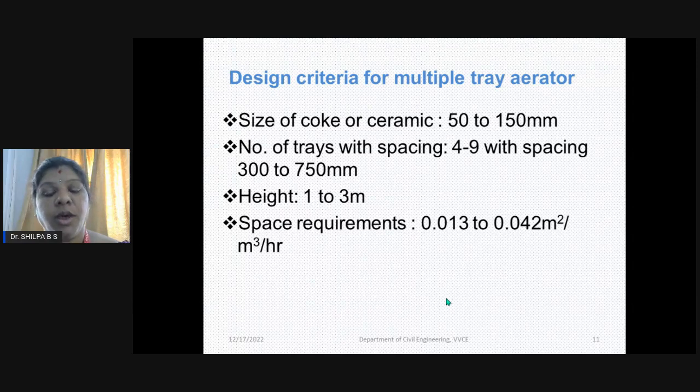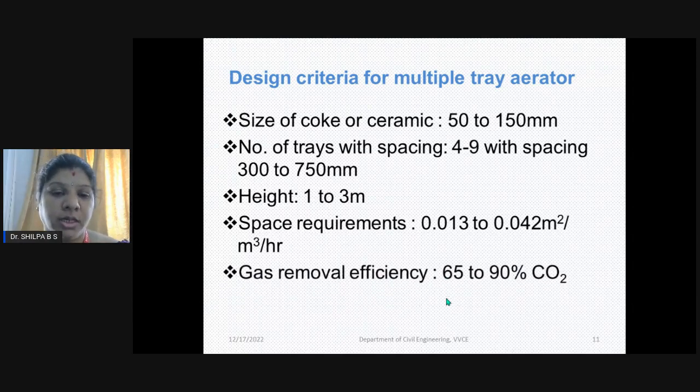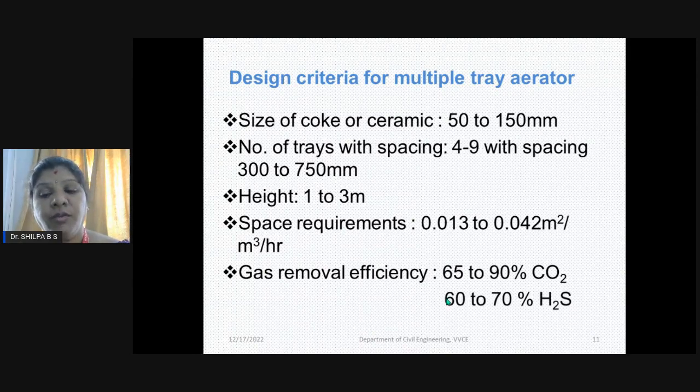The space requirement is 0.013 to 0.042, that is, the area requirement per cubic meter per hour of water. The gas removal efficiency is 65 to 90% for carbon dioxide and 60 to 70% for hydrogen sulfide.